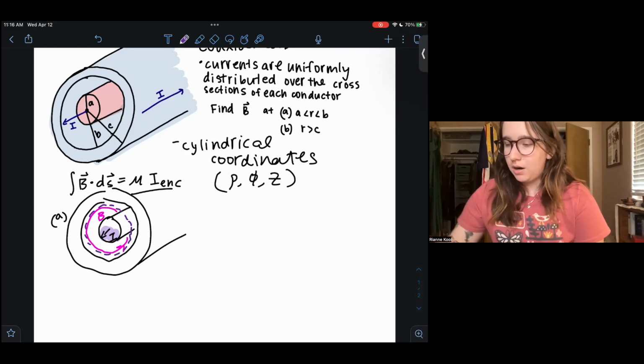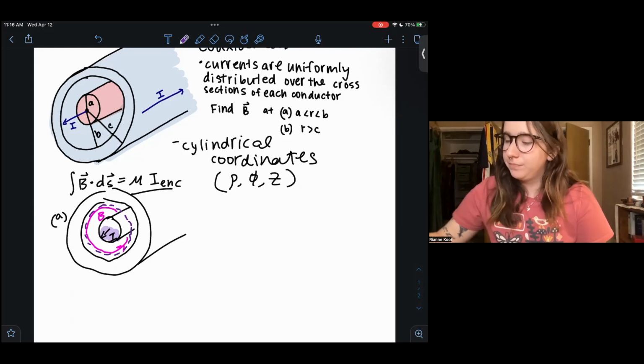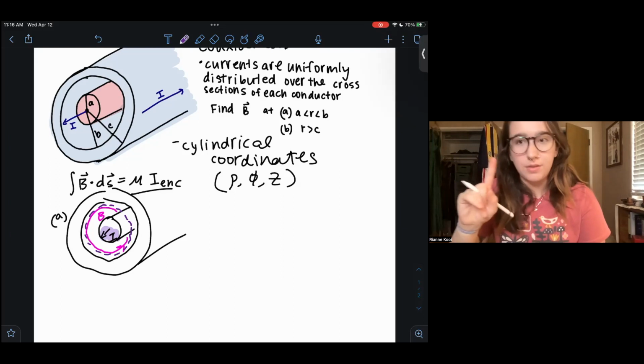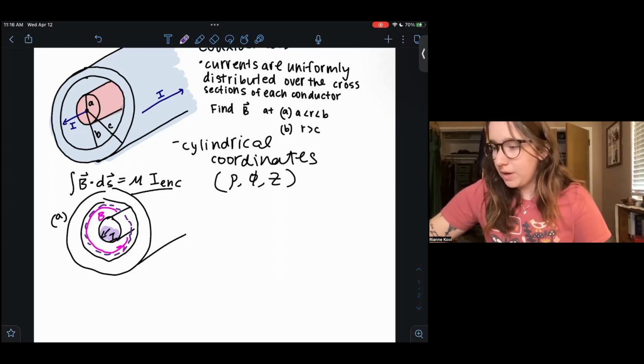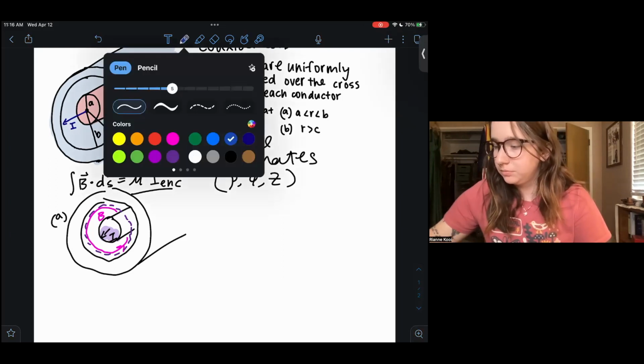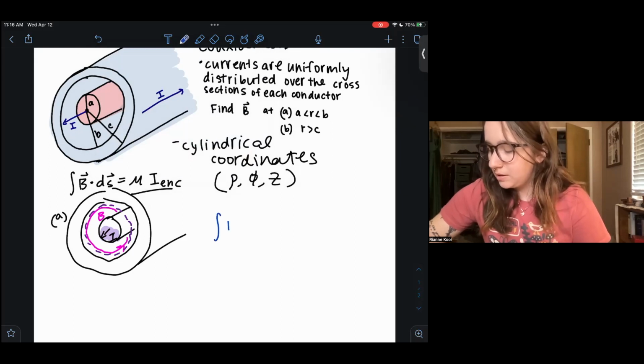When we're looking at our B dot ds, we want to look at their directions. So we have the integral of B dot ds equals mu naught I enclosed.